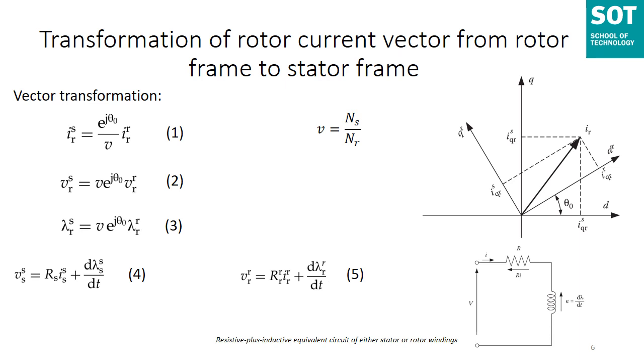As is known from the steady state theory of induction machines, the relationship between R_R and the rotor resistance referred to the stator depends upon the turns ratio, as you might have already guessed, as given in equation number 6.